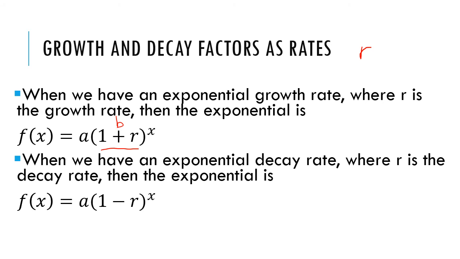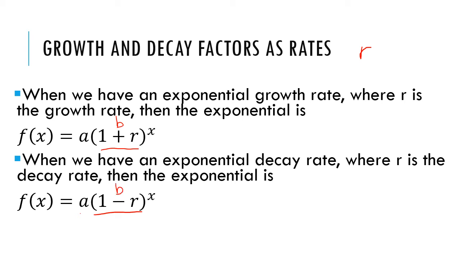When we have exponential decay, r is the decay rate, and the exponential can be written as f of x equals a times 1 minus r to the x, where 1 minus r is the decay factor.